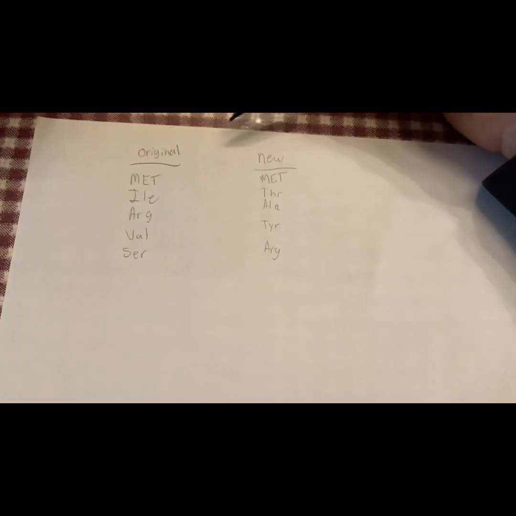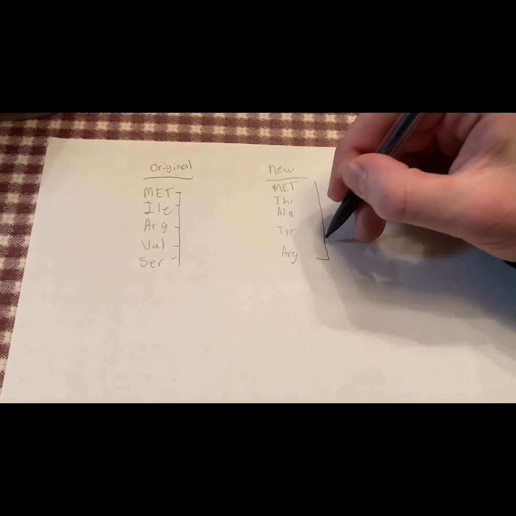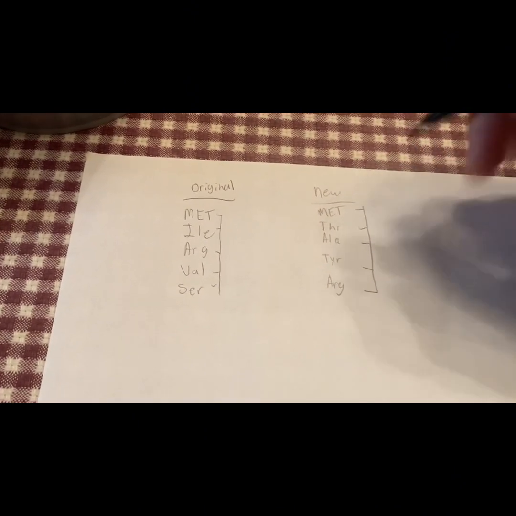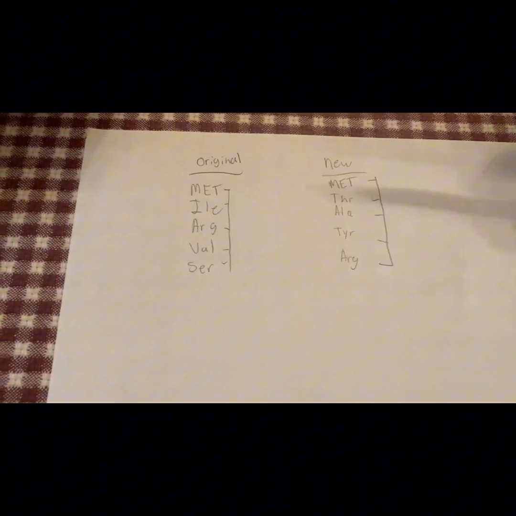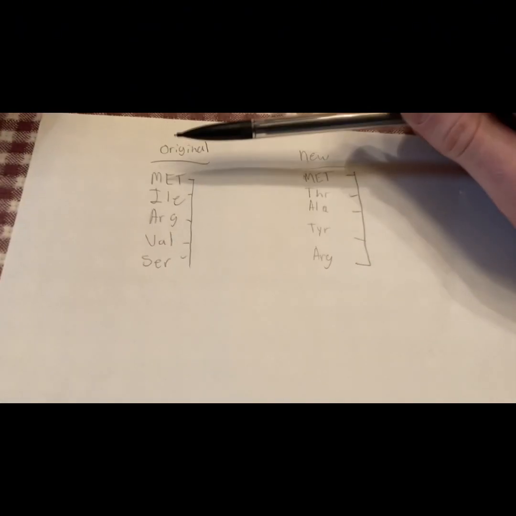So now that we've done the process of transcription and translation with each of the DNA strands, we can see the original strand and the new strand produce a completely different list of amino acids that when chained together will produce very different proteins. So in our original, all strands start with methionine.